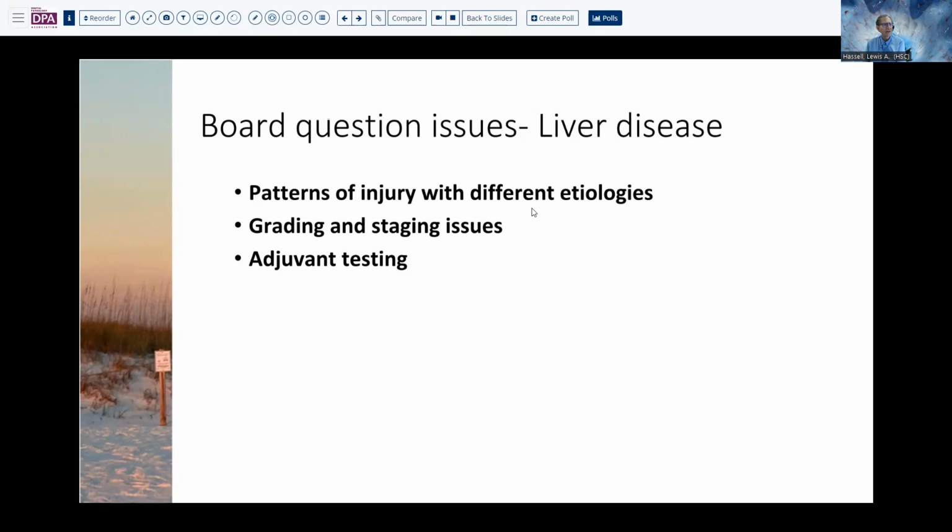Cirrhosis is an end stage, but there are different patterns of inflammation, fatty change, toxins, and so forth that will give you somewhat different variant etiologies, Mallory's hyaline, those sorts of things. You should be familiar with the grading and staging protocols used for evaluating liver biopsies and hepatitis: grading from 1 to 4, staging from 1 to 4, with stage 4 being end-stage cirrhosis. And then, of course, pertinent adjuvant testing and what you can learn from that.